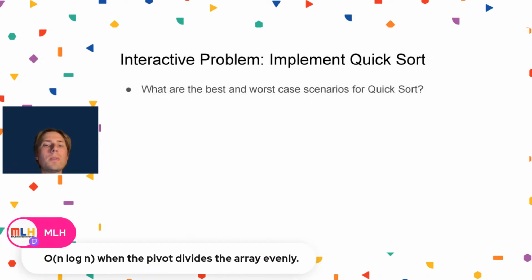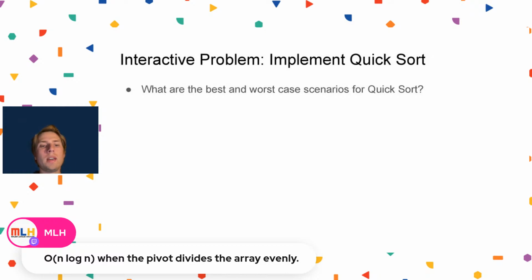Best case scenario is O(n log n) when the pivot divides the array evenly. And so if that pivot is doing a super good job in evenly divvying up the array, then n log n, we can get it just like merge sort.